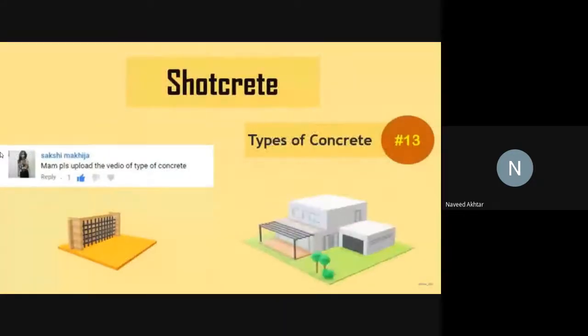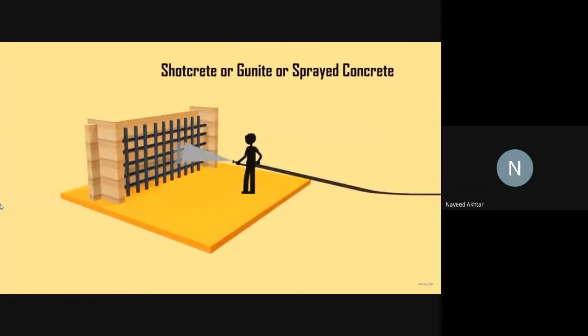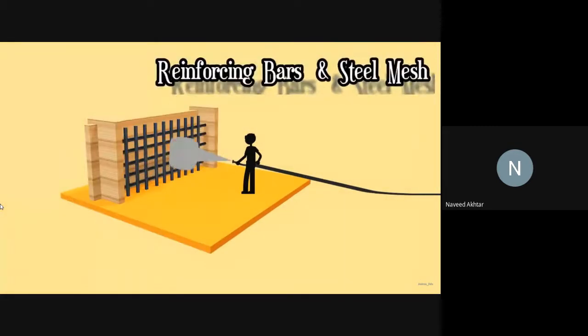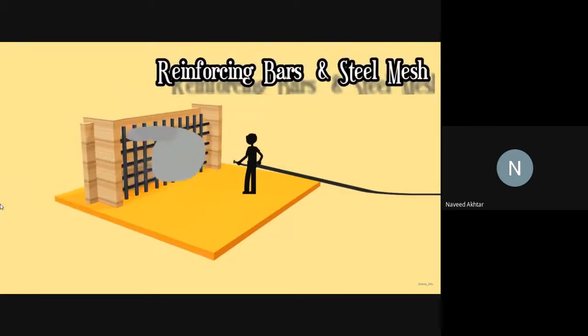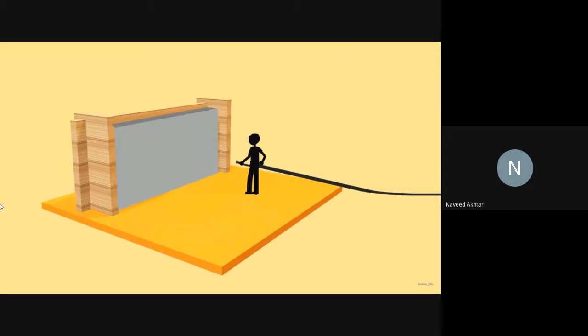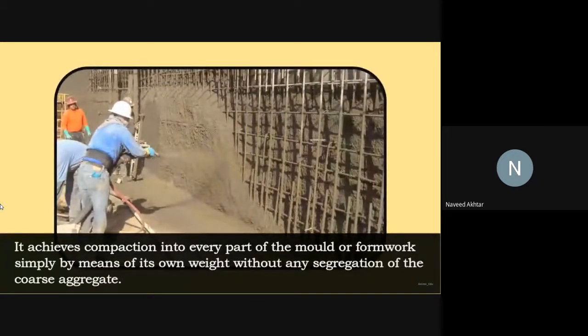You can see this. Shotcrete is also called gunite or sprayed concrete. You can see the reinforcement bars here, and the concrete is applied with pressure.